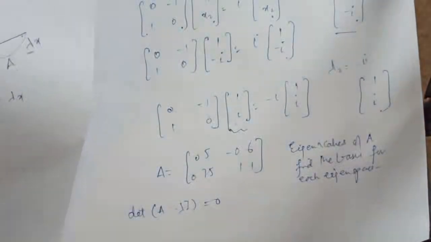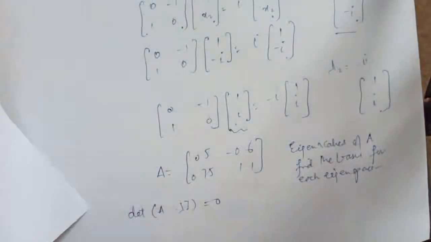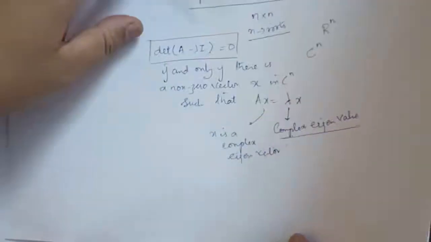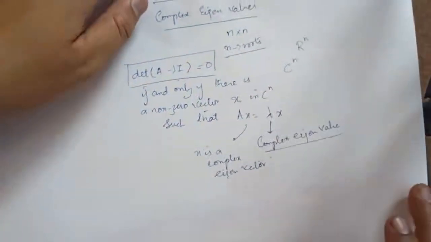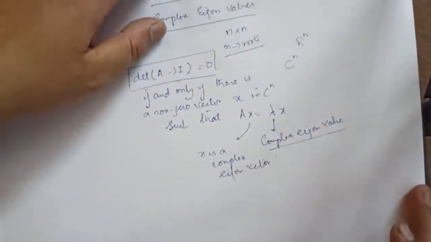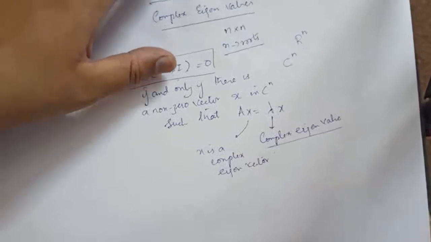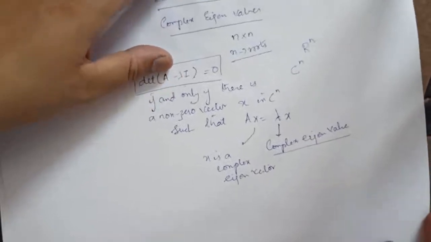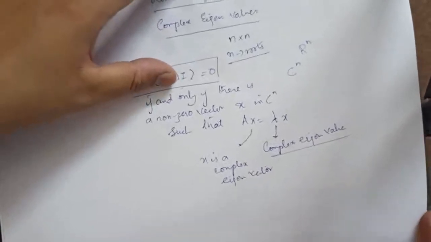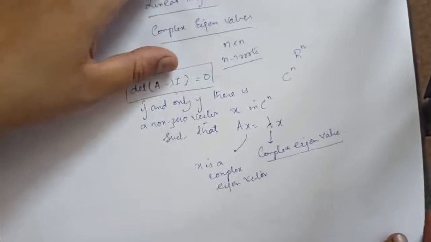Another important thing that we have learned from the examples that we covered in this topic is that these complex eigenvalues occur in pairs, and correspondingly complex eigenvectors also occur in pairs.